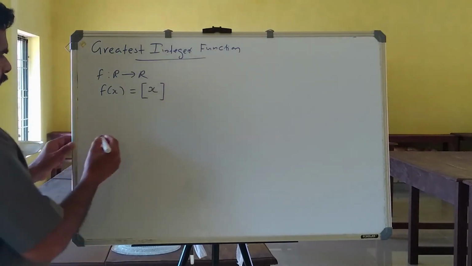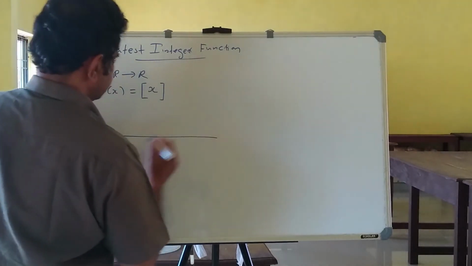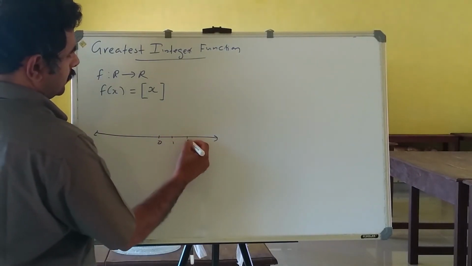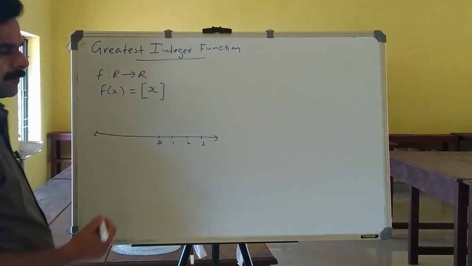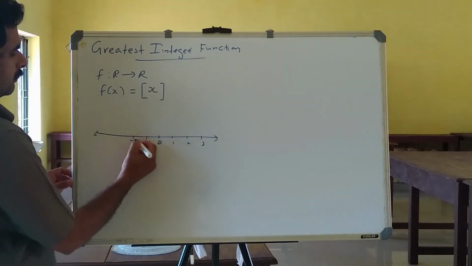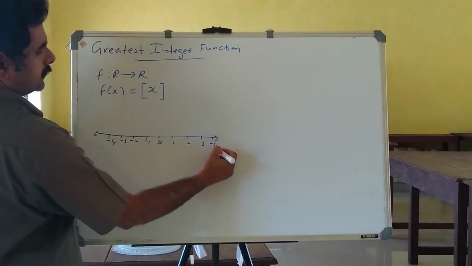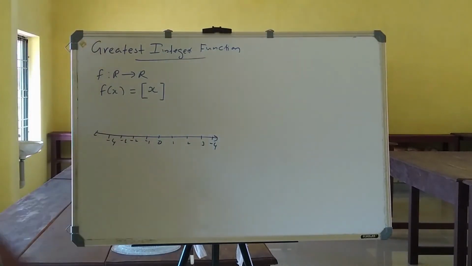For that, take the real number line. It is 0, 1, 2, 3, minus 1, minus 2, minus 3, minus 4, and so on. Middle value is 0.